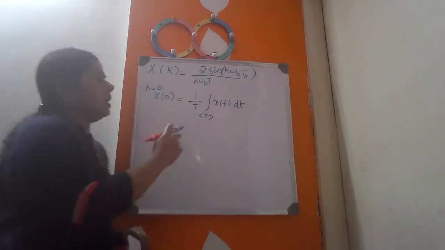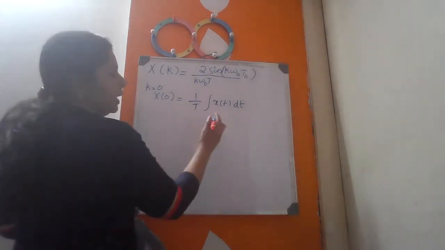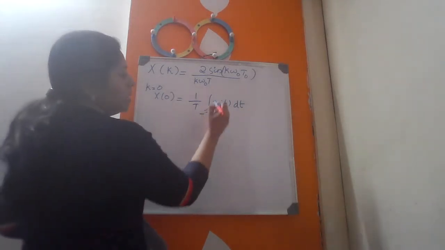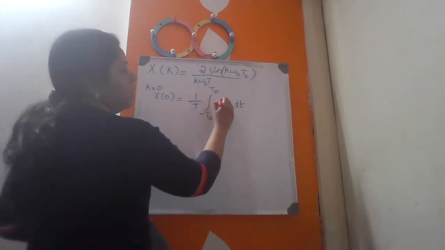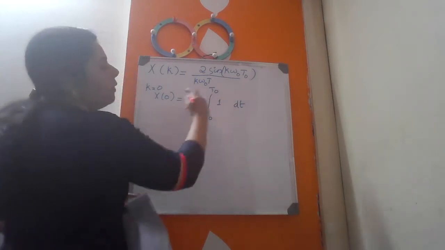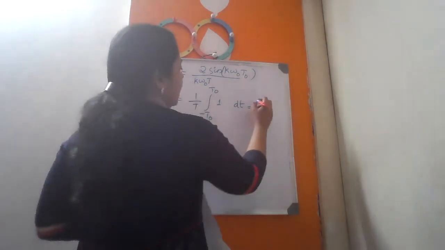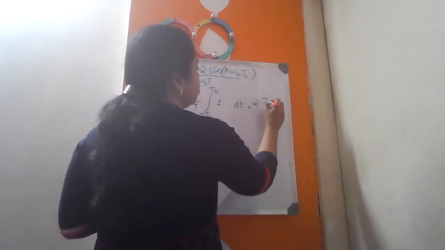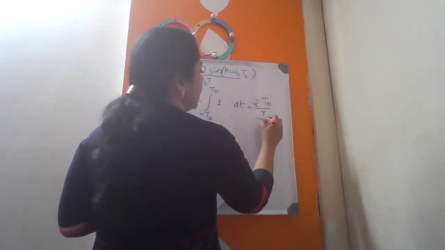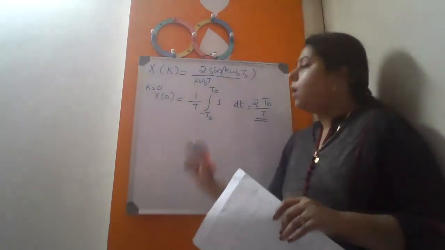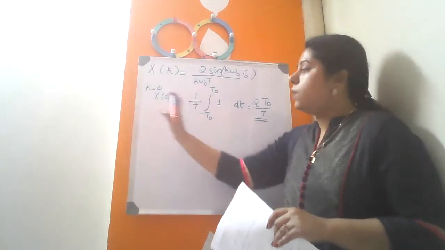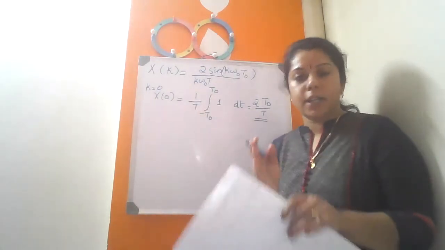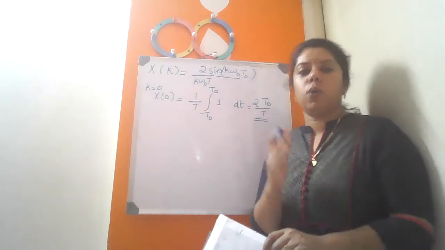In this case, the integral is from minus t naught to plus t naught, and the amplitude of x of t is 1. After integrating, I get 2 t naught by T. This is the value of the DC term. I hope you understood why we are doing this calculation. So we calculated the value of our DC term when substituting k equal to 0.